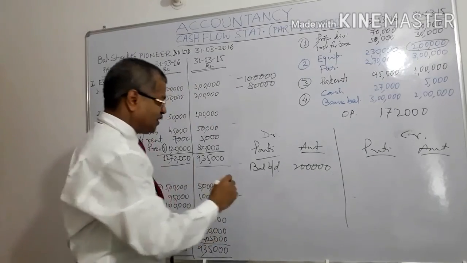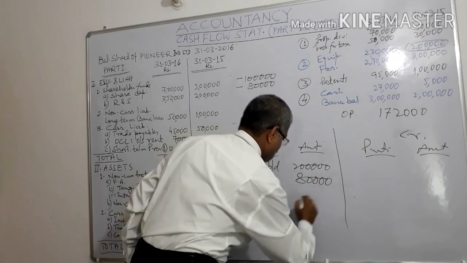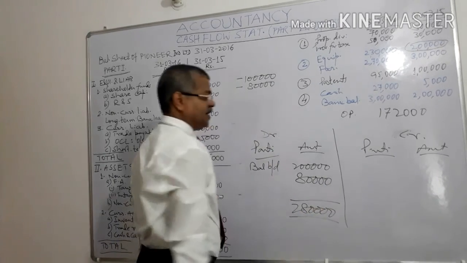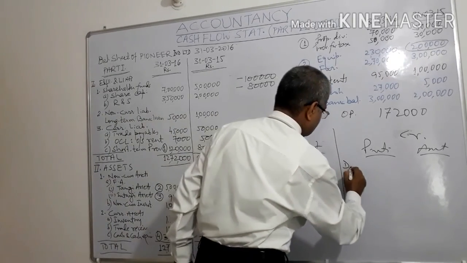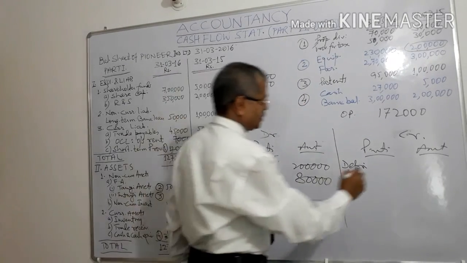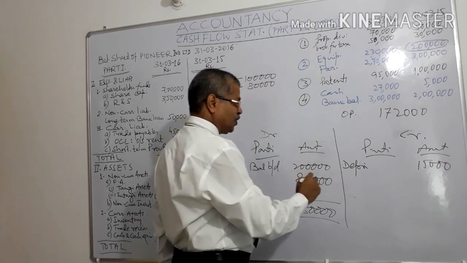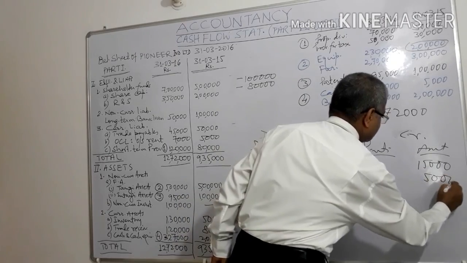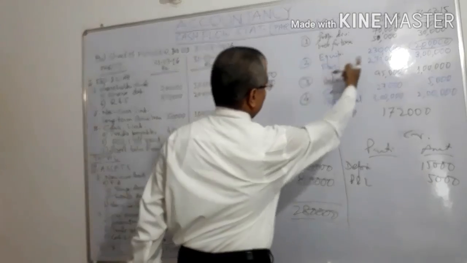And what is the new purchase? 80,000 during the year. So it becomes 2 lakhs 80,000, right? Now we go to here. Depreciation. What is the depreciation? 15,000. And what is the loss on account of sale? P&L account? 5,000. Right? And what is the balance carried down? 230.